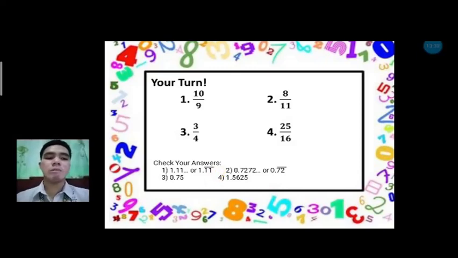Then number 2, 0.7272 and so on, or 0.72 with vinculum, because it means that 72 is being repeated. Then number 3 is 0.75. The number 4 is 1.5625, or 1.5625 ten thousandths. Okay, so just check your answer.